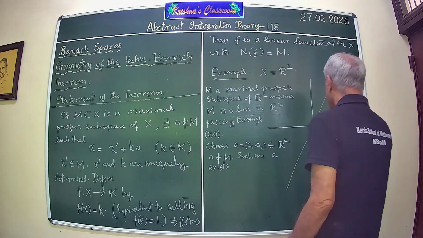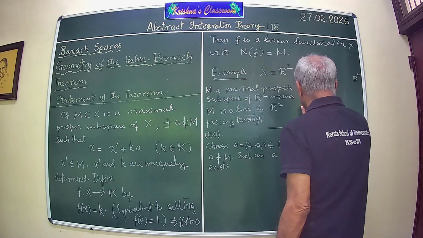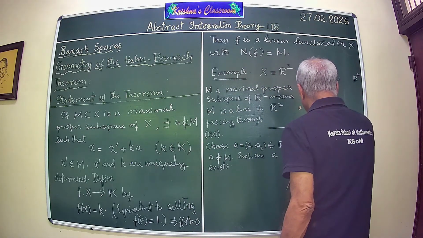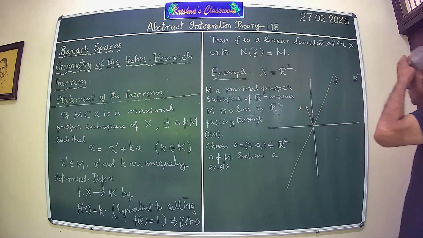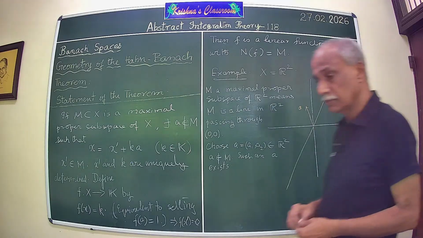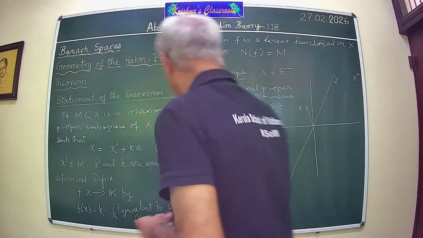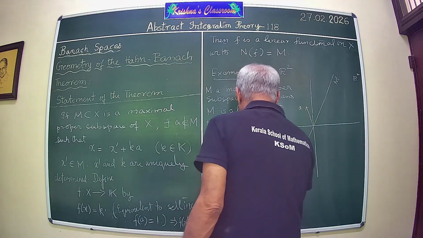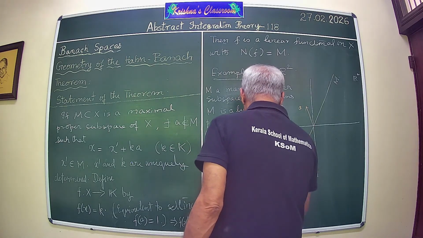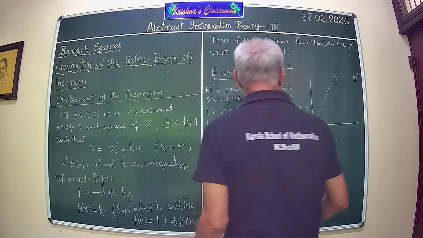So you choose an A and fix f of A equal to 1.